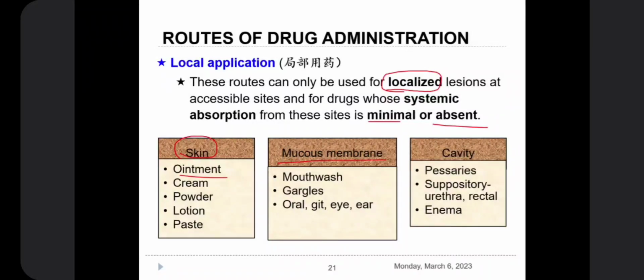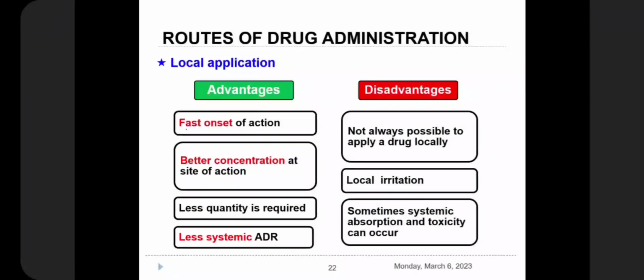What are the advantages and disadvantages of local application? Let's see. Advantage. First one, very fast, because the drug is directly on the site of disease. Close connection. It touches the site, so it will act very quickly, a fast onset of action. The next advantage is better concentration. Because we know the site of disease, we give the drug just to the lesions, so it has very high concentration right on the lesion.